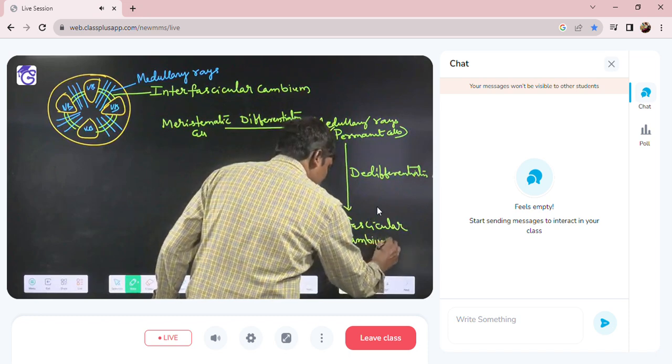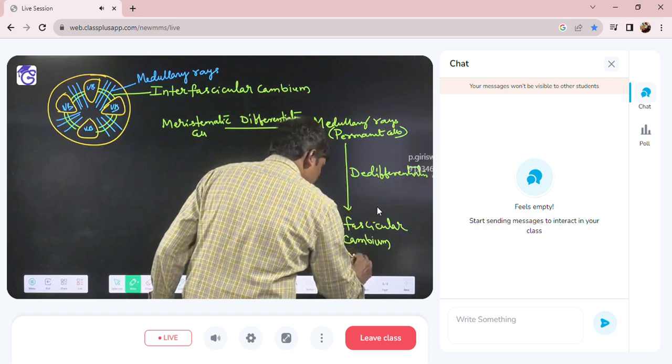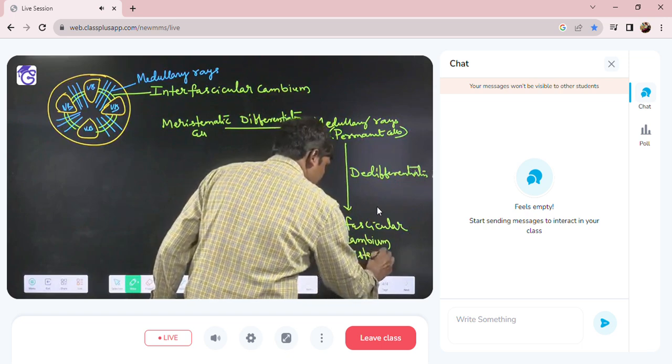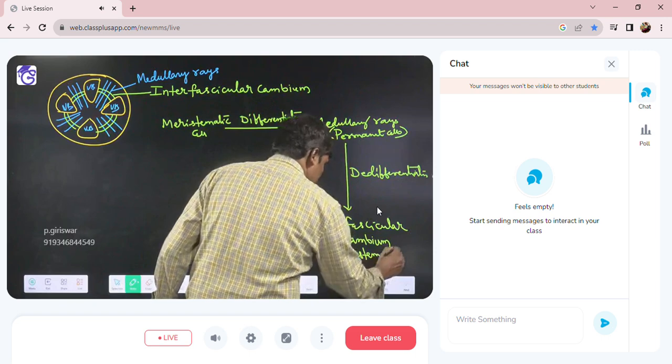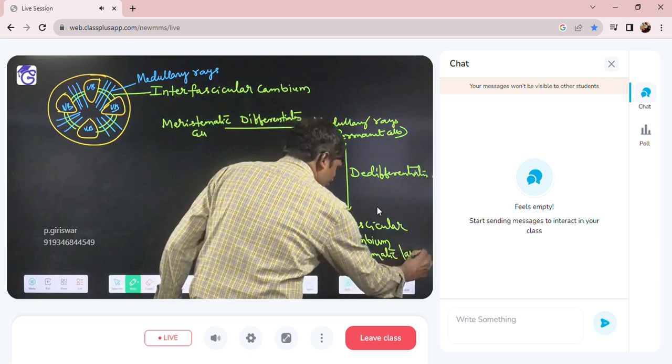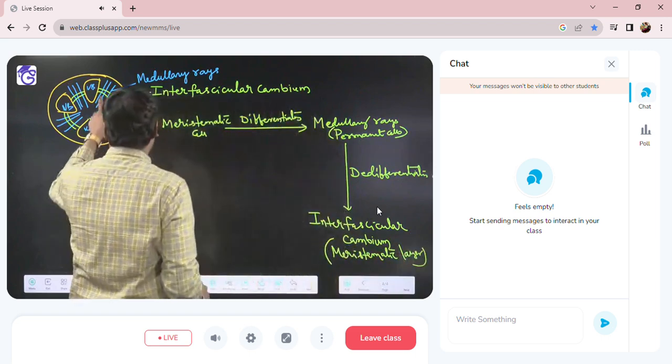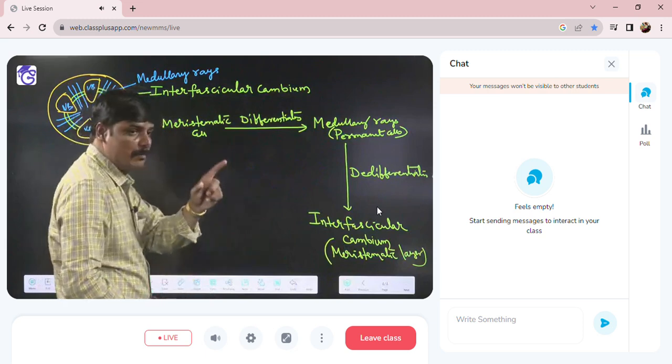This is a meristematic layer, formed between the vascular bundles in the dicot stem only.